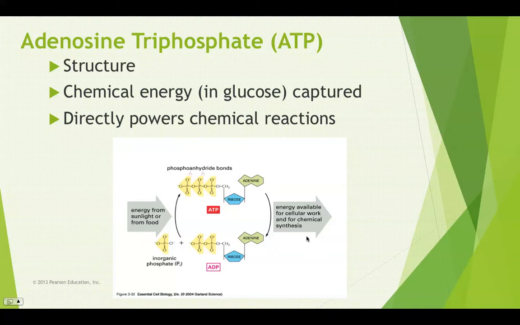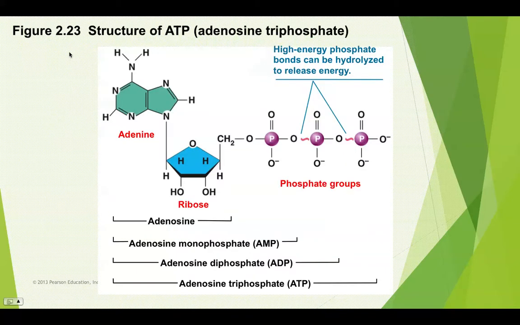So all the work that cells have to do, anything that requires energy, will be provided with energy using this molecule ATP. And here's the structure of ATP. Here's adenine, and then you've got a ribose sugar right here. This is adenosine, and here are your three phosphate groups. That's why it's called triphosphate.